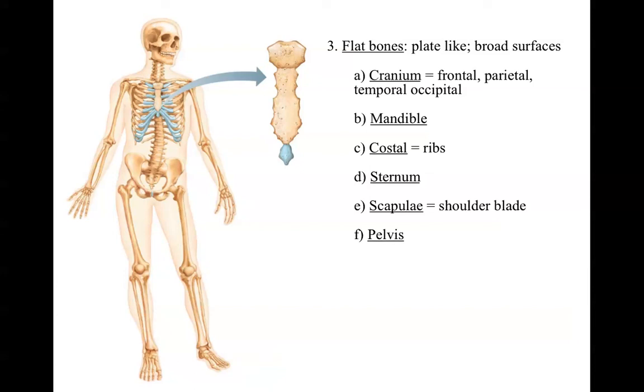They're not flat because they're curved, but the development of them is flat bone development. Your mandible, your ribs, the scapula, the pelvis, those are all bones classified as flat bones, and it really has to do with how they grow. They're more flat than they are long or short.